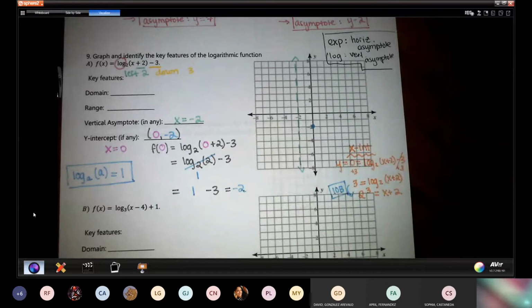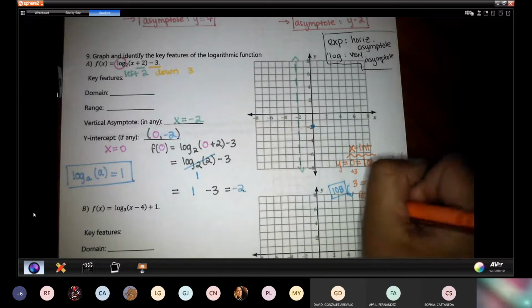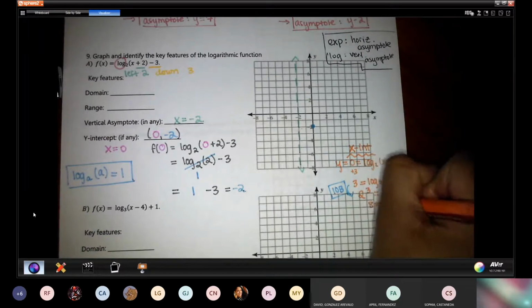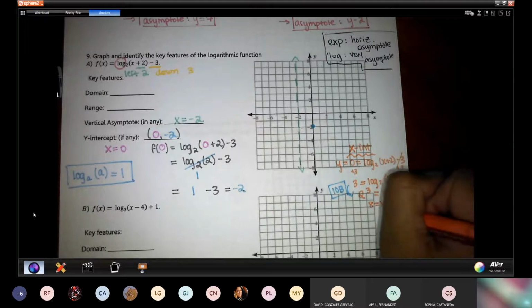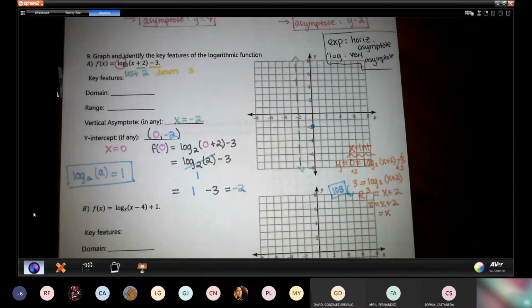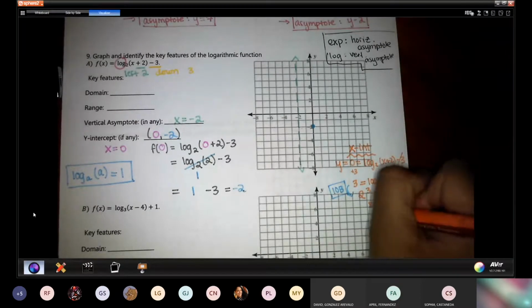All right. So from here, right, though, we can do 2 to the 3rd power is what? 2 to the 3rd power, anyone? Very good. All right, so we get 8 equals x plus 2, right? And then what's x equal to? 6.